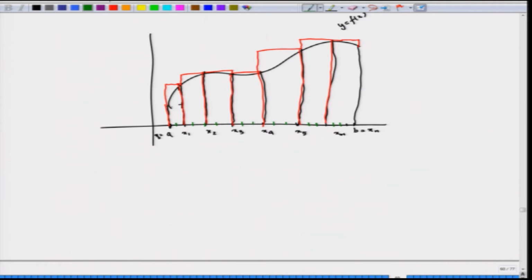So, now I calculate the area under this green. I compute all these smaller areas of the smaller rectangles.